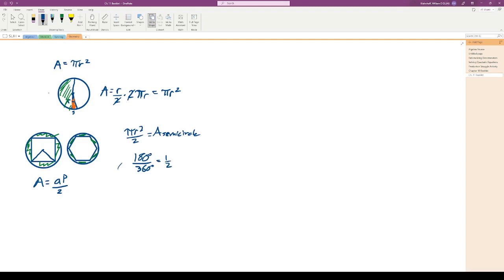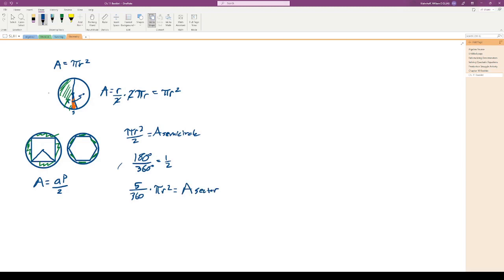So let's say that this central angle here was 5 degrees. That means that 5 degrees out of 360 times the whole area of the circle, pi r squared, is going to be the area of this orange wedge. And that wedge we call a sector.